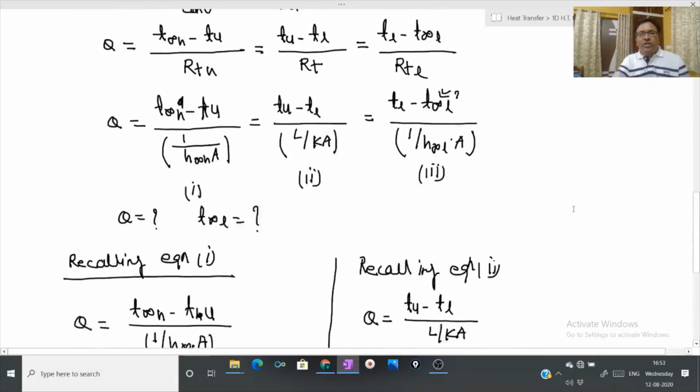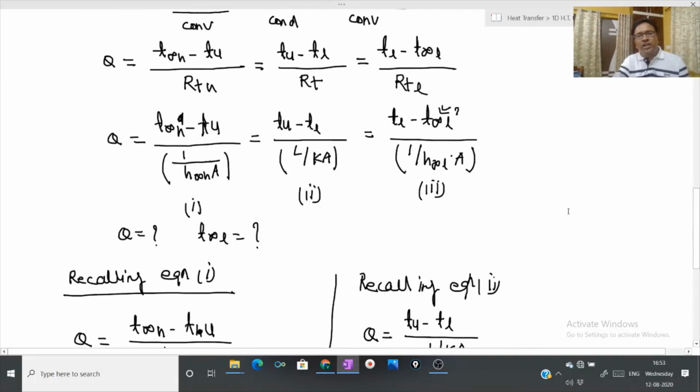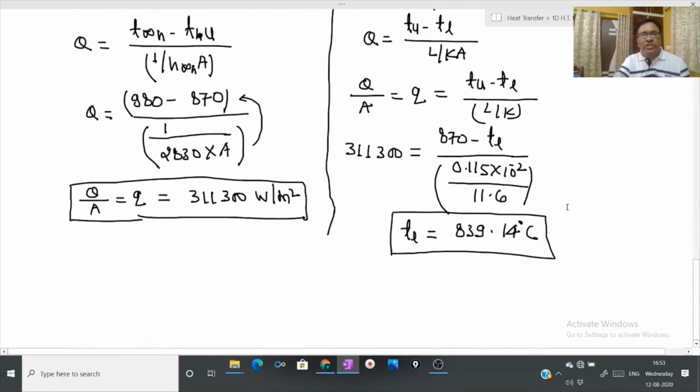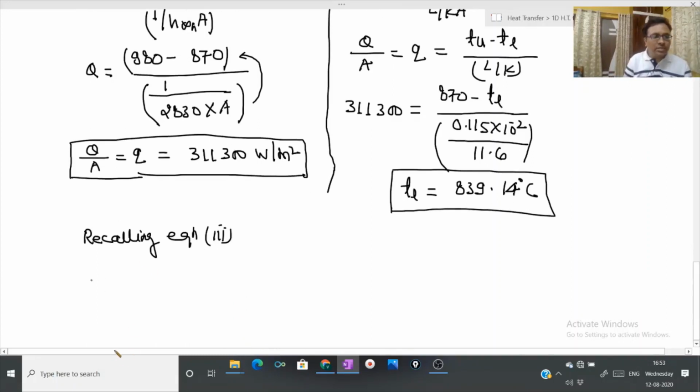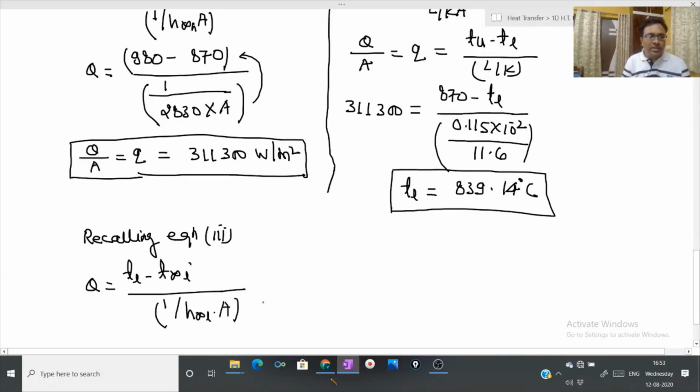Now my final aim is to calculate T infinity L, that is cold air temperature. So let us recall now equation 3. Now recalling equation 3, that is Q is equal to TL minus T infinity L over 1 over H infinity L into A. Now once again area will go on the numerator.